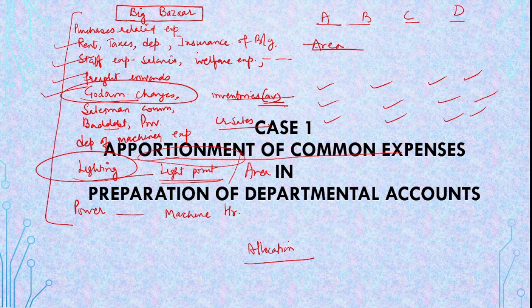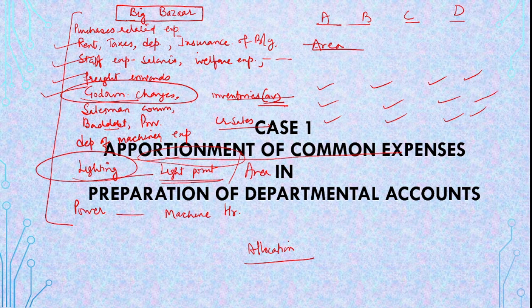When you distribute the expense among these departments, this is technically called apportionment. But when you give the expense to a particular department by identifying it with that department, you call it allocation. So there is a difference, although the two terms can be used invariably, but as a commerce student I think you should know the difference.